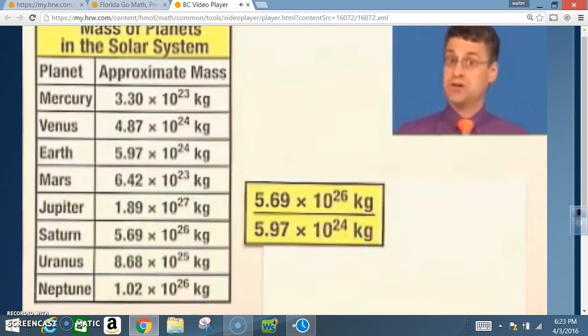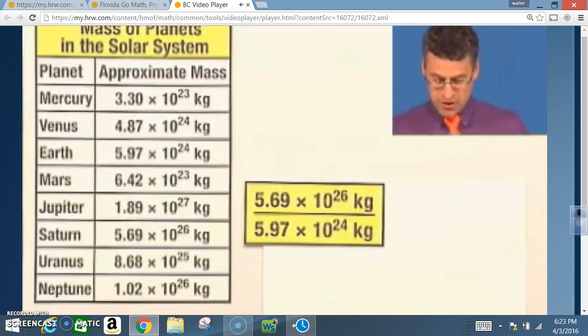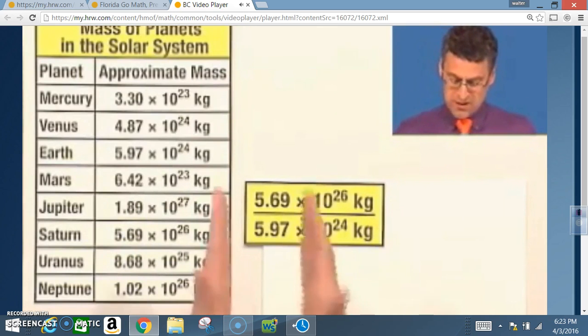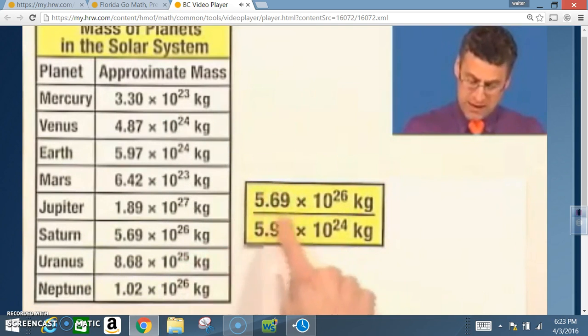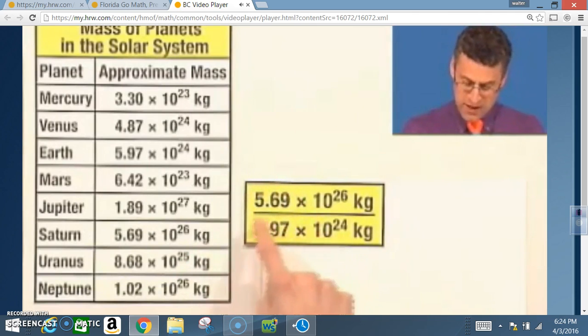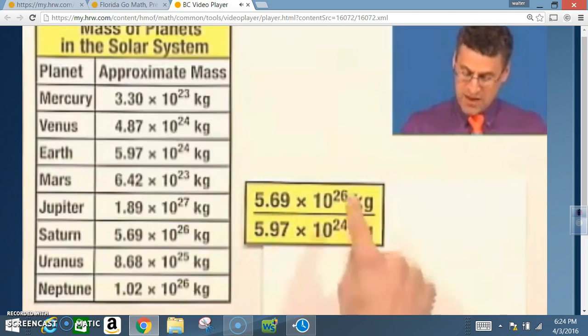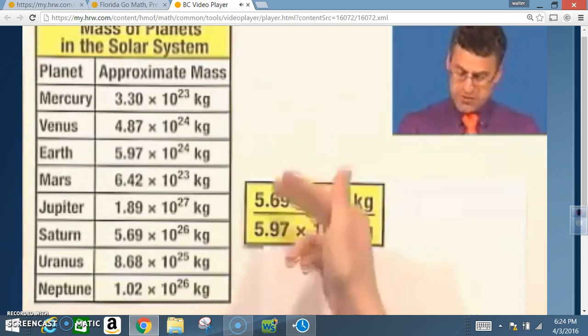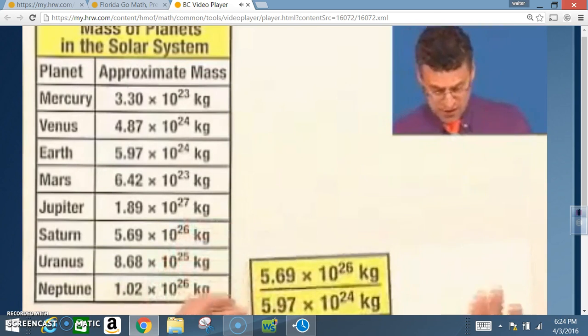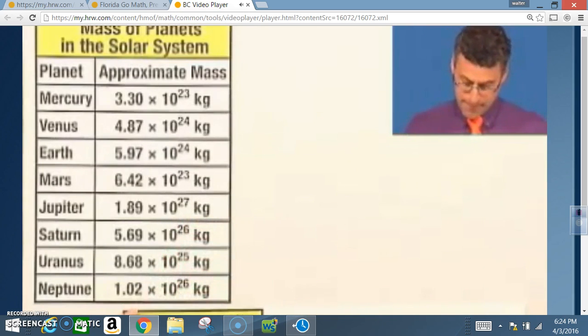Now, it's written in scientific notation. So what do we do? Since there's multiplication going on here, we can consider each of these separately. I'm going to look at 5.69 divided by 5.97, and then at 10 to the 26 divided by 10 to the 24th. This will involve a calculator for the first part.